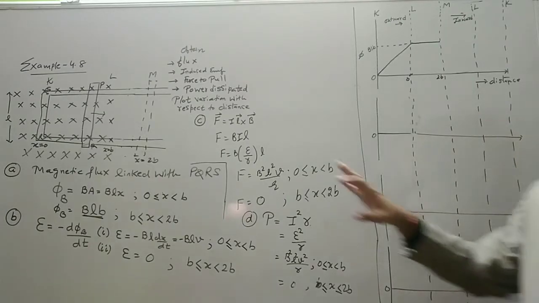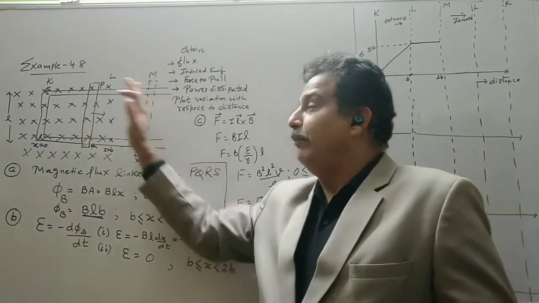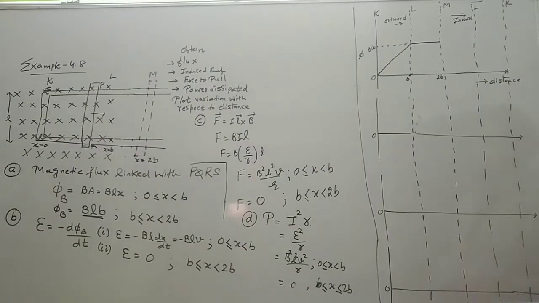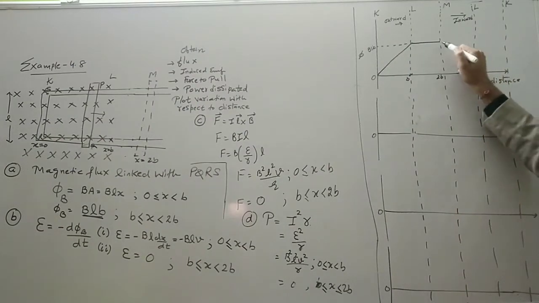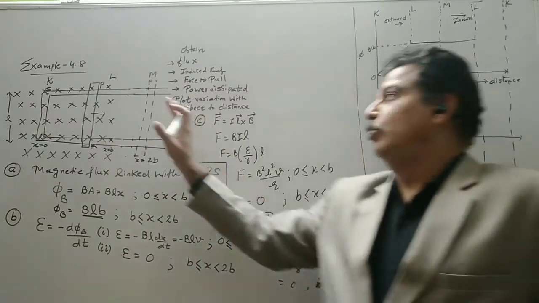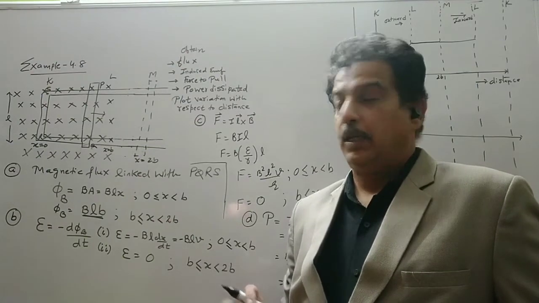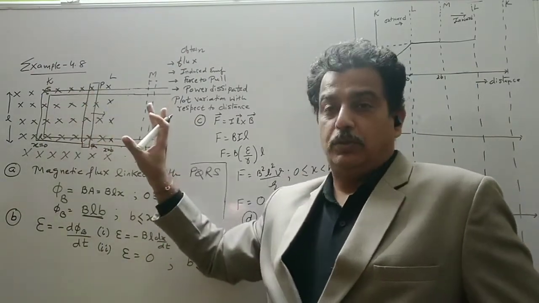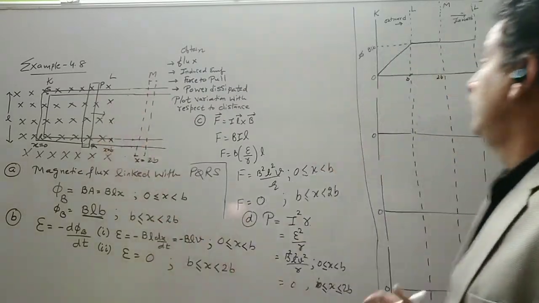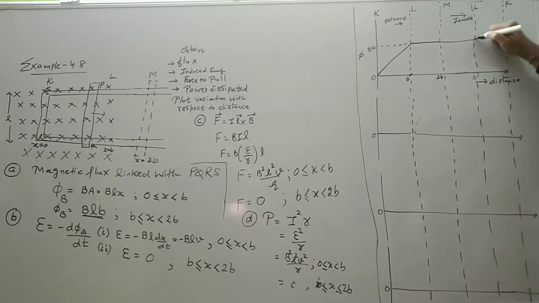Then from M to L, when you move from M to L, the flux remains constant and positive. When I move from 10 meter to 5 meter, the flux should be up to 5 meter plus 0, so it will remain constant. Below 5 meter, at point B, it should again decrease linearly downward.